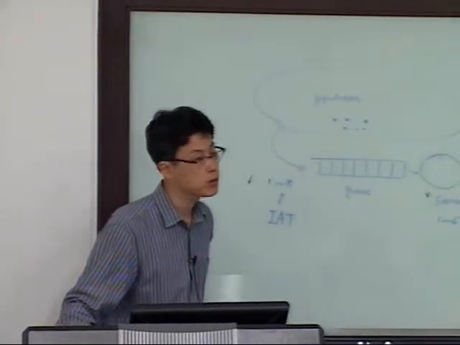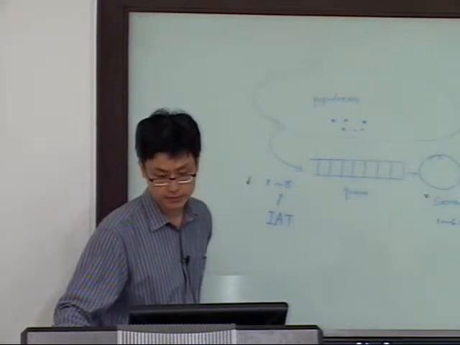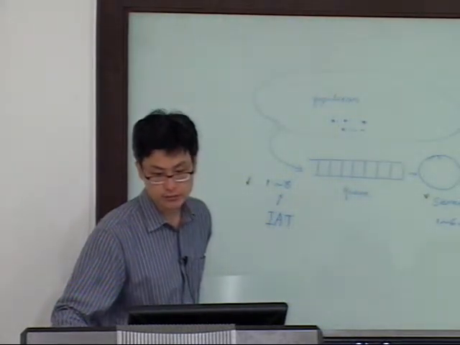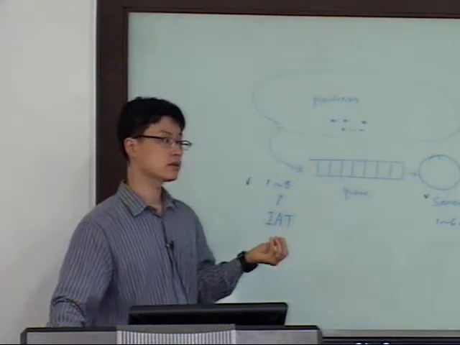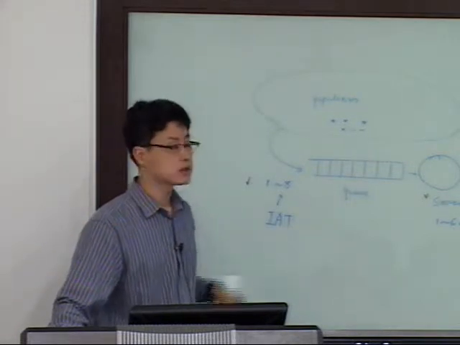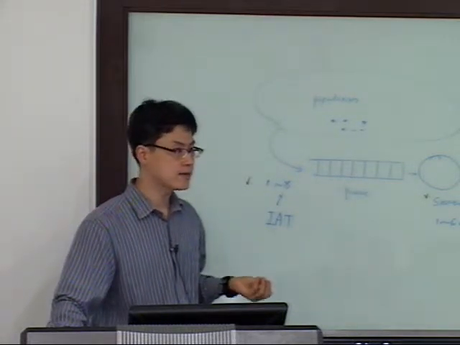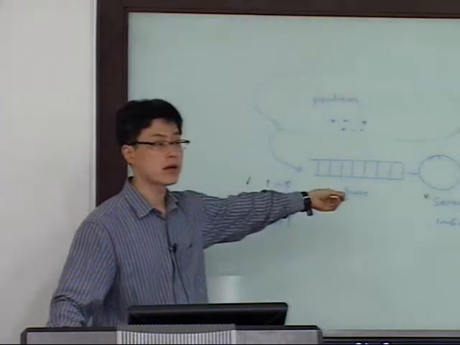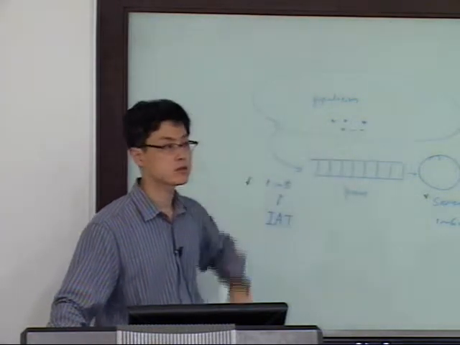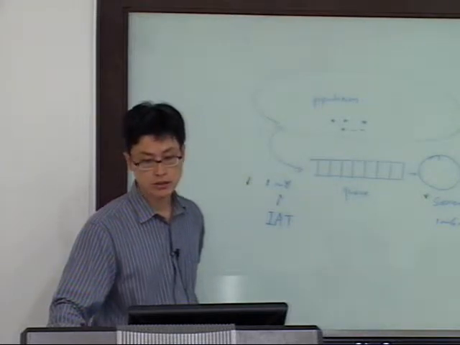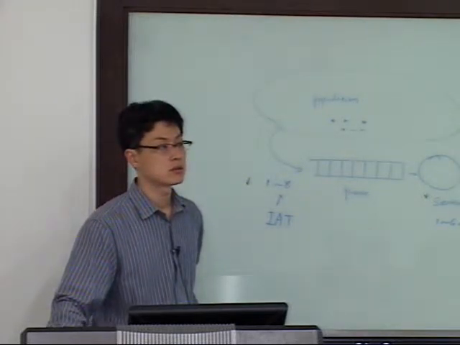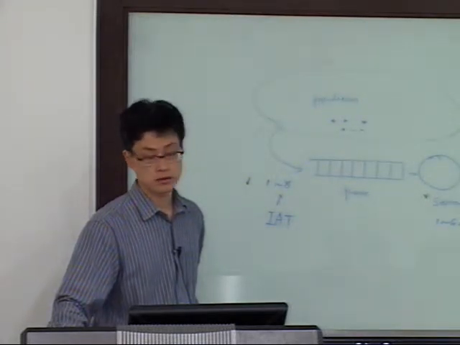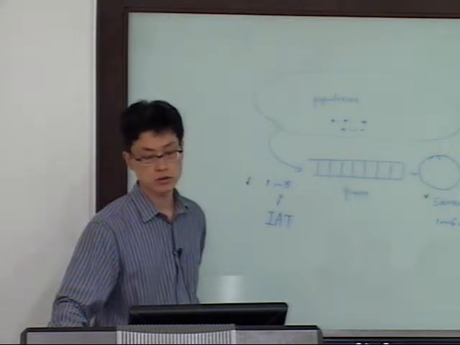Departure, let's go back. It is a little complex here, but departure is the end of the service. When service ends, the customer automatically departs. So here, customer number 1 will depart at time 4.